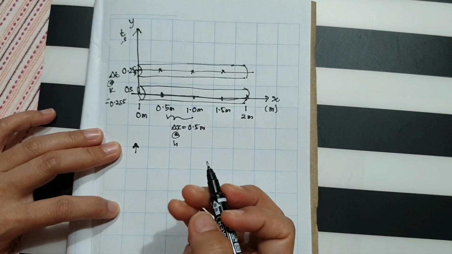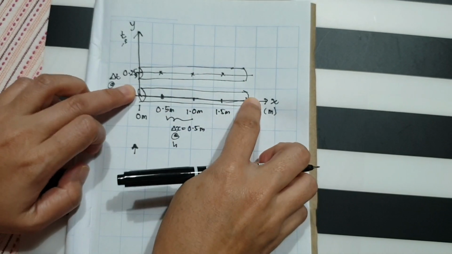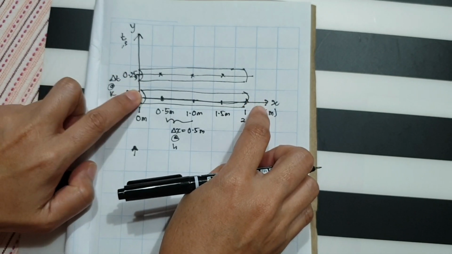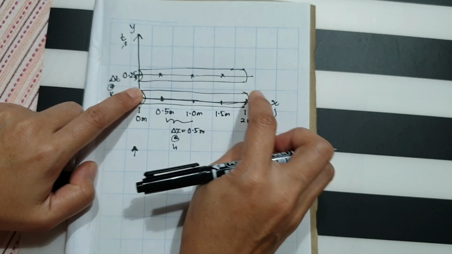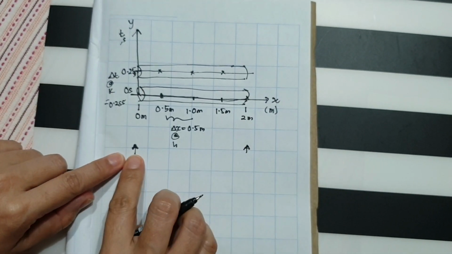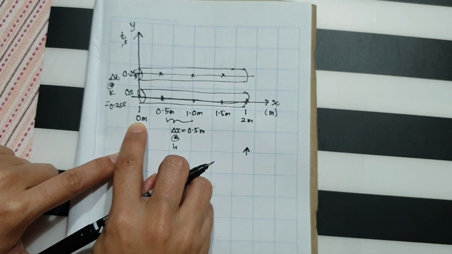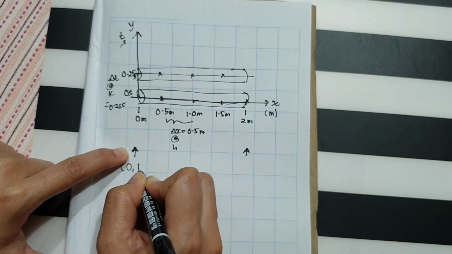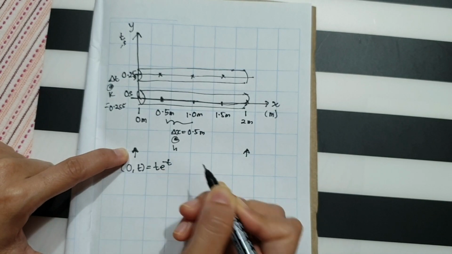In the question, it's also given the boundary conditions. For this rod, you have two boundaries, which are the two ends of the rod: the first at this point, and the second end of the rod at this point. For the boundary at the first point, x equal to 0, the condition at the boundary is u(0,t), where the value is equal to t e to the negative t.